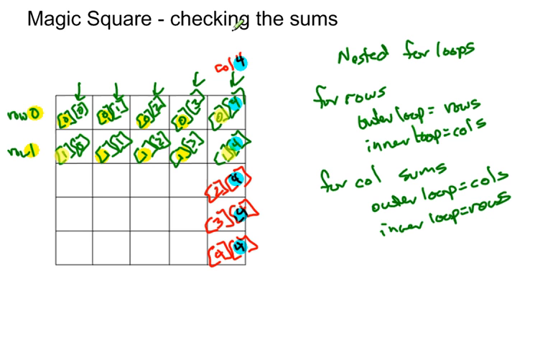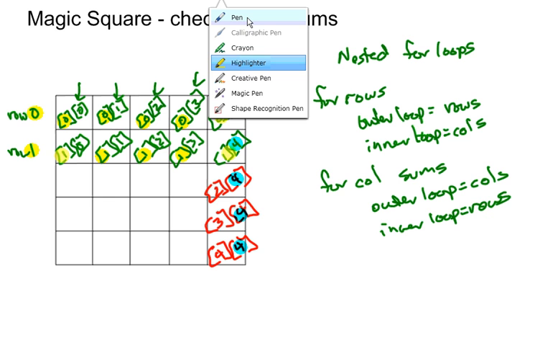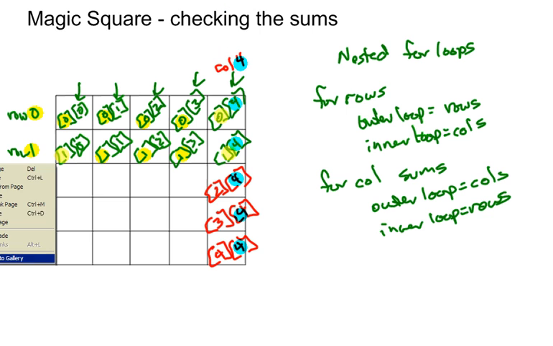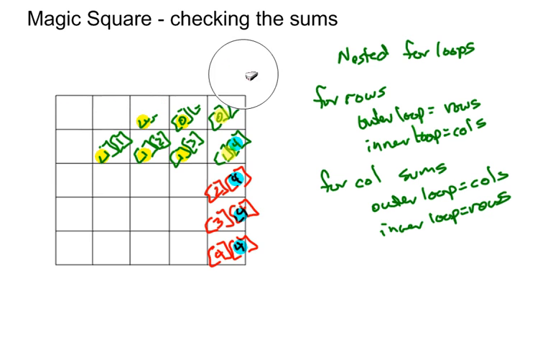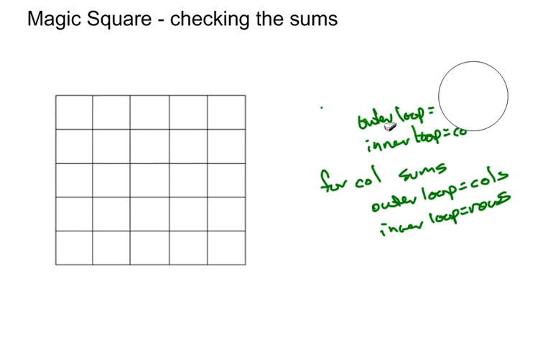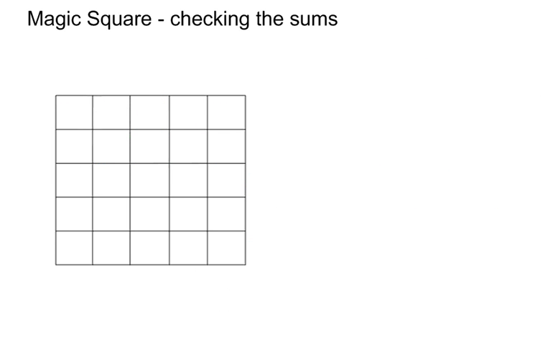Now the hardest one is when you go to do the diagonals, and there are 2 diagonals. One of the diagonals is super easy and the other is trickier. So I'm going to do this on a fresh page. For our diagonals, the first diagonal is obvious.